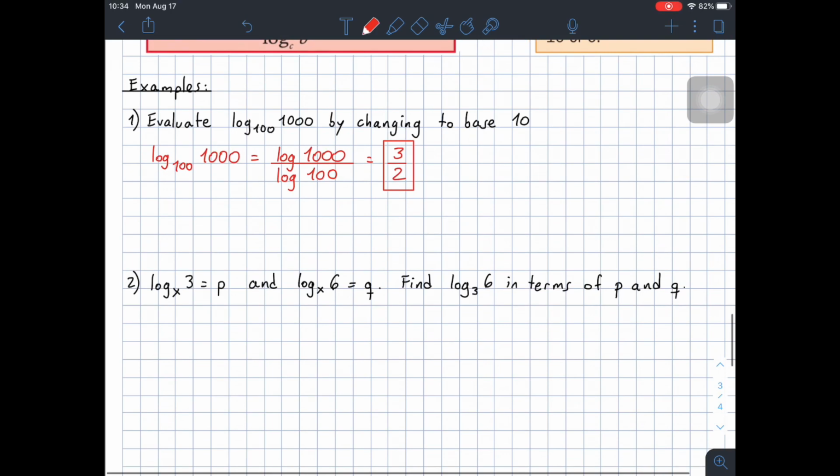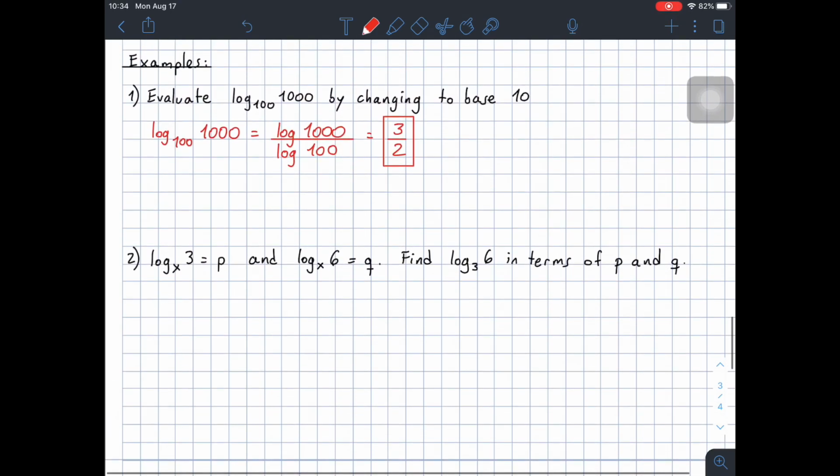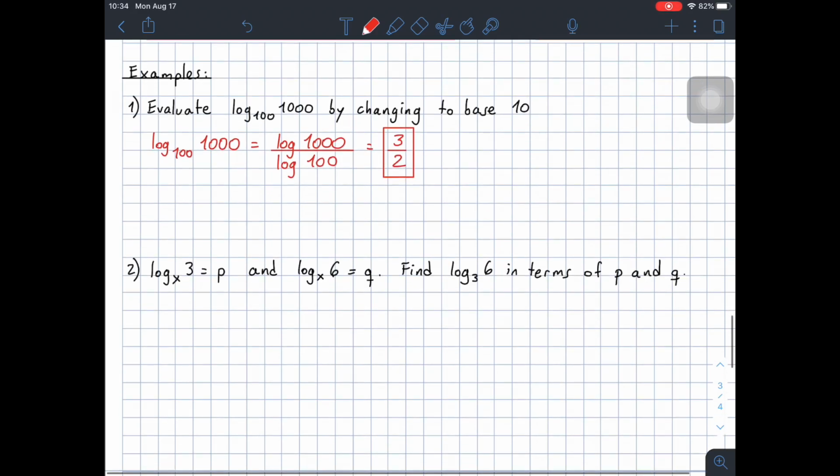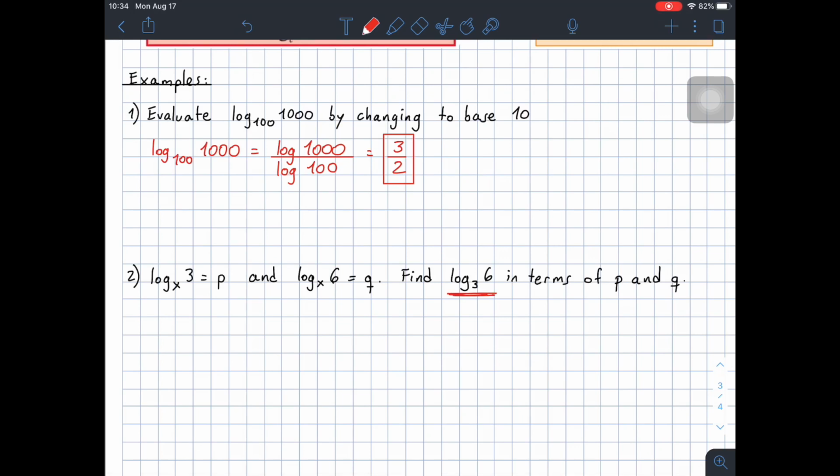Now let's see this example to finish. It says log base x of 3 is equal to p, and log base x of 6 is equal to q. Find log base 3 of 6 in terms of p and q. Okay, so if I want to find this, I need to write log base 3 of 6.